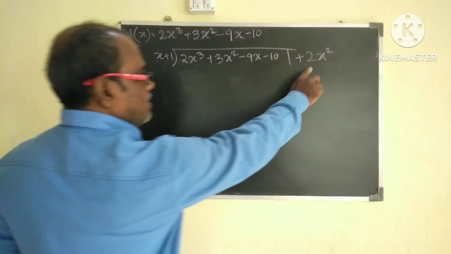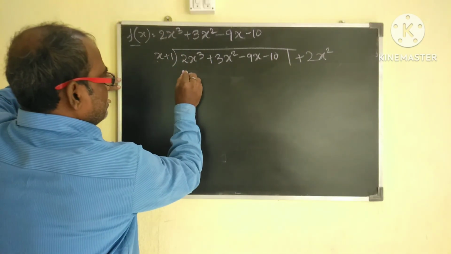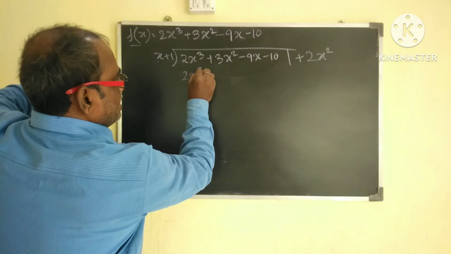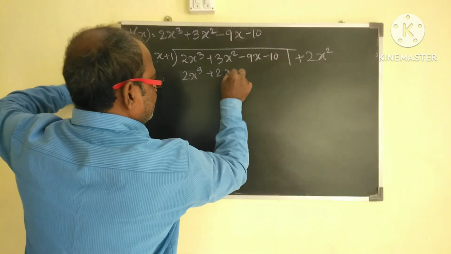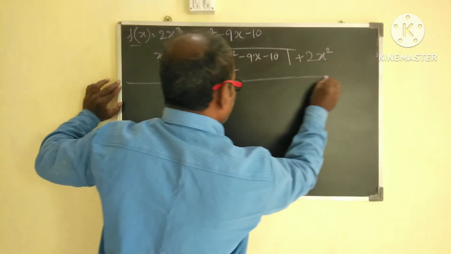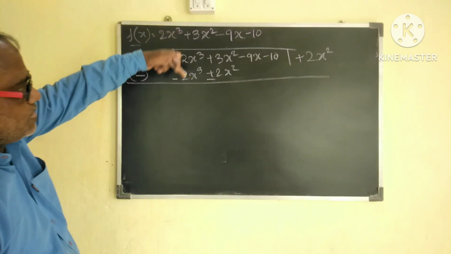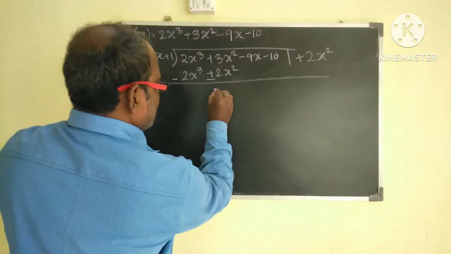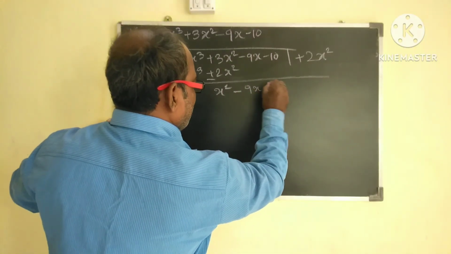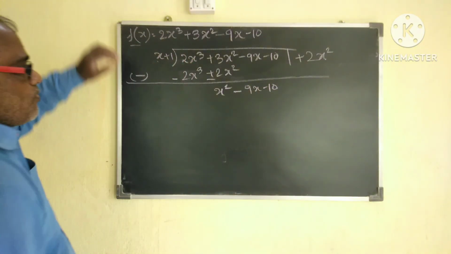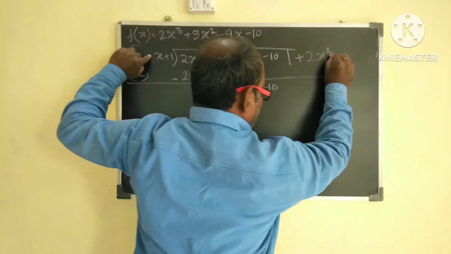So this is one term of the quotient which we have got. Now multiply this with the divisor, and we get 2x cube plus 2x square. Then do subtraction, this becomes minus, this becomes minus. The 2x cube gets cancelled off and this becomes x square, and bring down the remaining numbers. Now again, here it is plus, here it is plus, so plus.